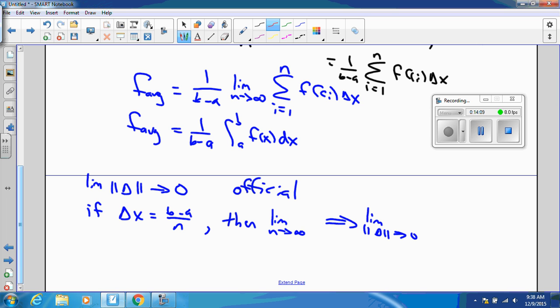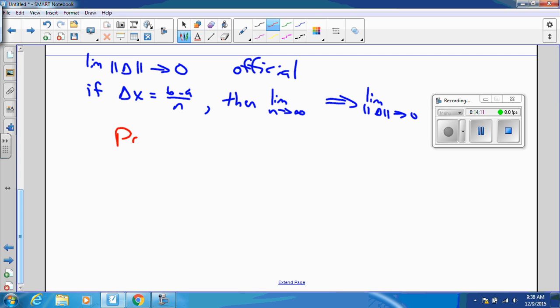In particular, there are 3 things about f average that I want you to know, and all of them are easy facts. First fact is a simple matter of multiplying both sides.